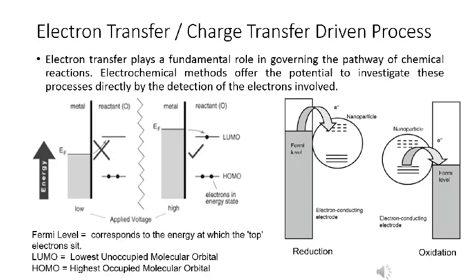Outside here is the level of the species, the reactant oxidized species, approaching the surface of the metal. This EF represents the Fermi level, the highest energy of the electrons in that electrode.